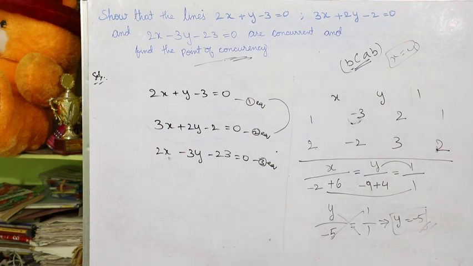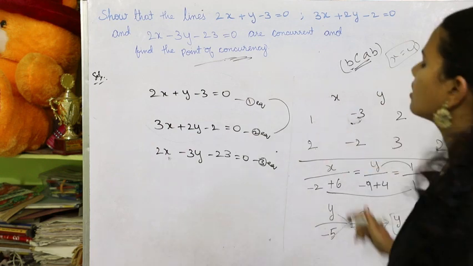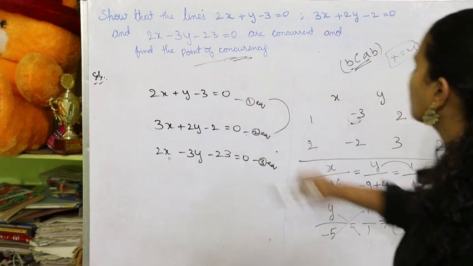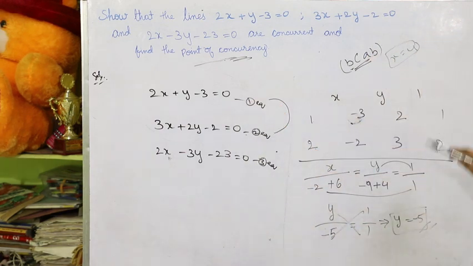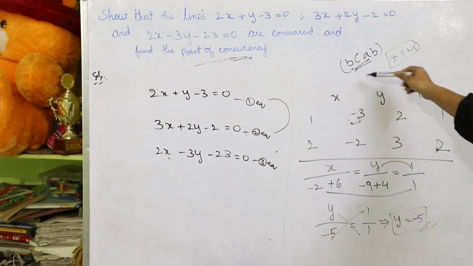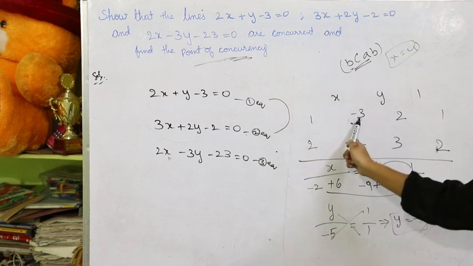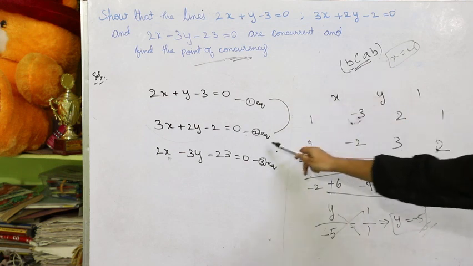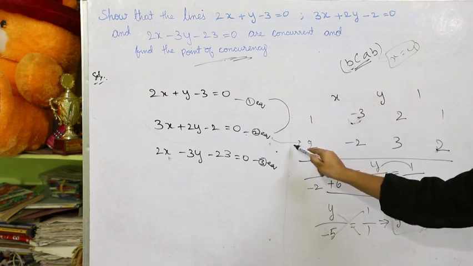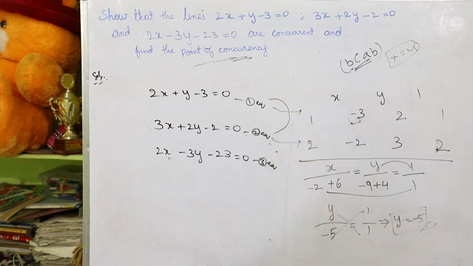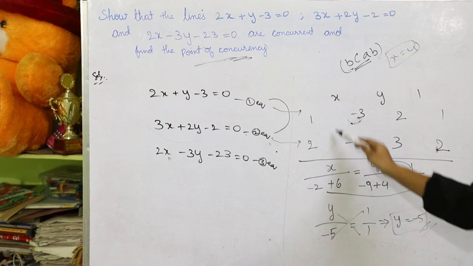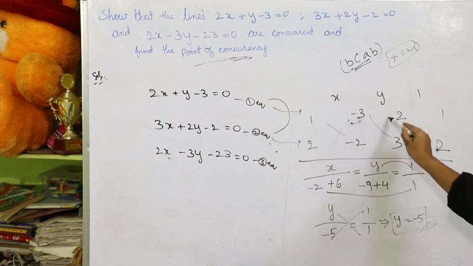What have I done, guys? I have written 3 equations. From equation 1 and equation 2, I have used this process where we consider x, y, 1, and take the cross multiplication of the B and C values. So write down the B and C values for the first equation and for the second equation. Here I have written these values. So by this, just try to simplify, where x cross multiplication over here, cross multiplication over here.